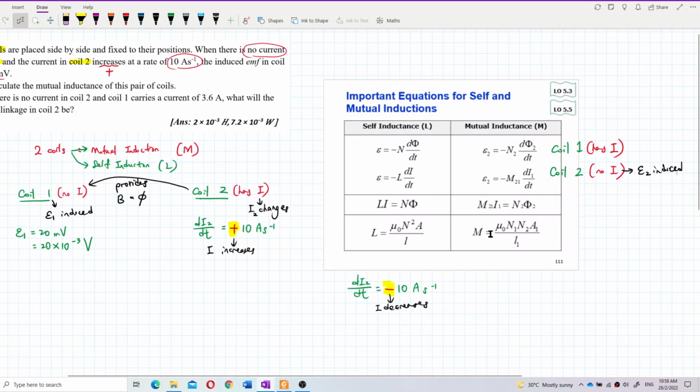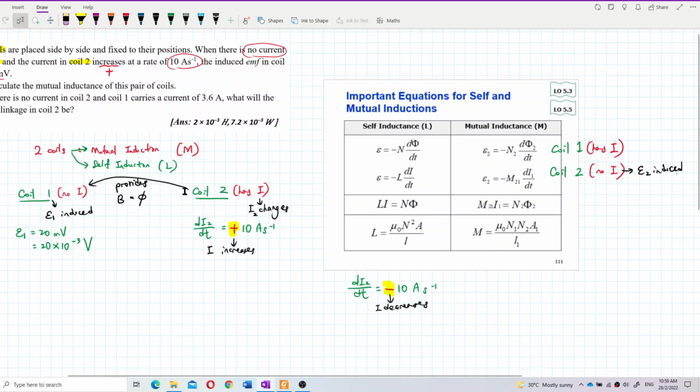For the notes, the equation is built on the understanding that coil 1 has current, coil 2 has no current, and EMF is induced in coil 2. But it's opposite from the question.